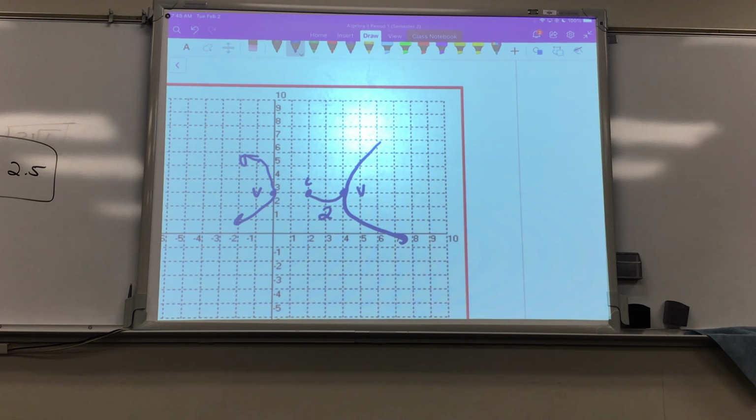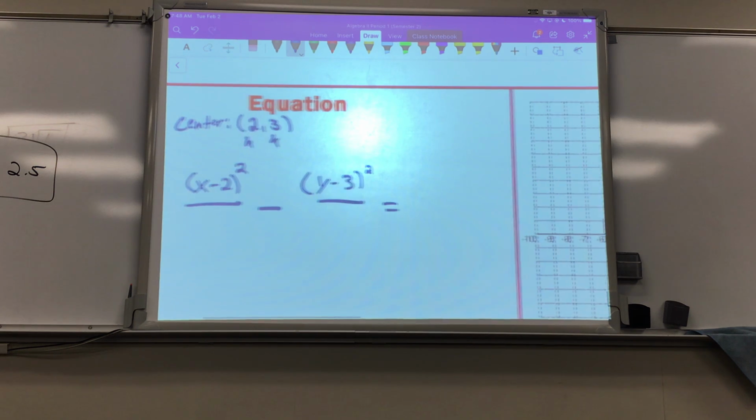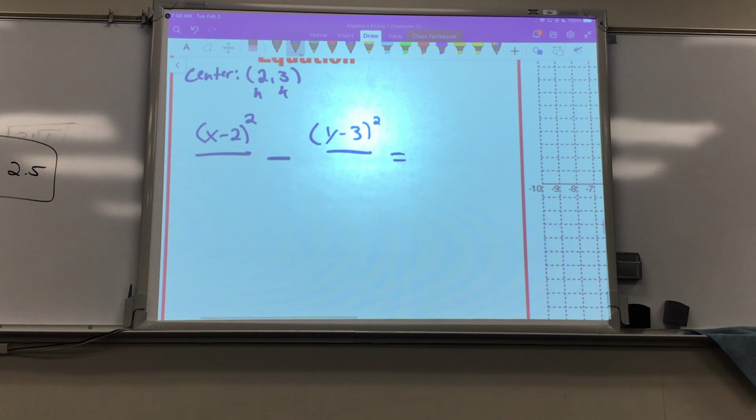Under the x. Left and right's x, right? So we put 2 there under the x. It's a squared and b squared, right? Right now this is a, so a squared would be 4. Now I need to figure out b squared, which is going to go right here.